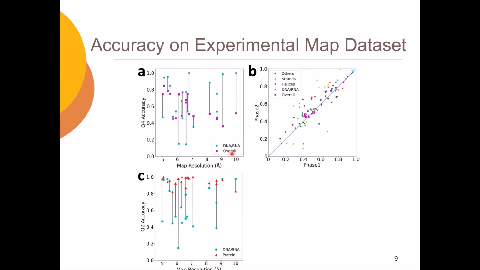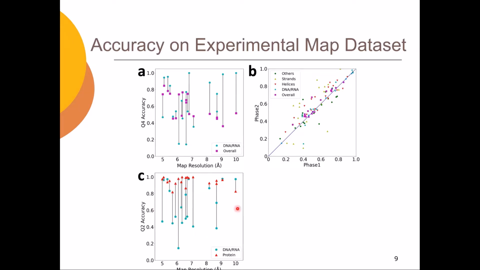For overall accuracy, it has the same trend as the previous version of EMAP2-seq. When the map resolution is 5 to 6 angstrom, it was about 80%, and after that, in this example, about 50%. But if you are only interested in 2-class classification, proteins or nucleic acid, then we can see that proteins can also be detected very well.